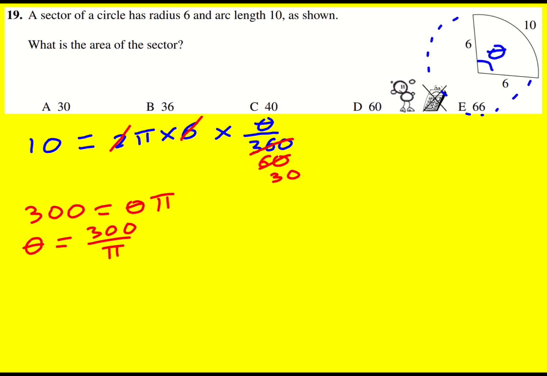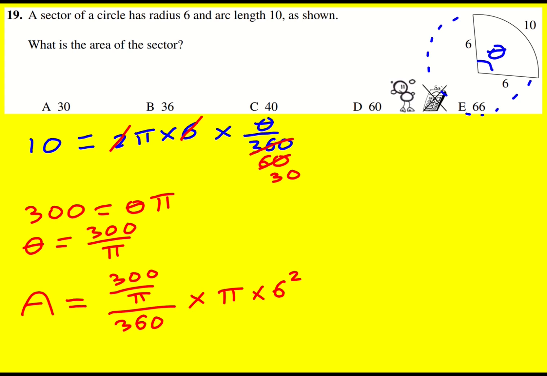That's going to be useful for then the area, because the area is going to be my angle, 300 divided by pi, divided by 360. Again, I'm writing the fraction first now, but it's the same idea as over here. And then I'm timesing by pi r squared, so it's going to be pi times 6 squared.